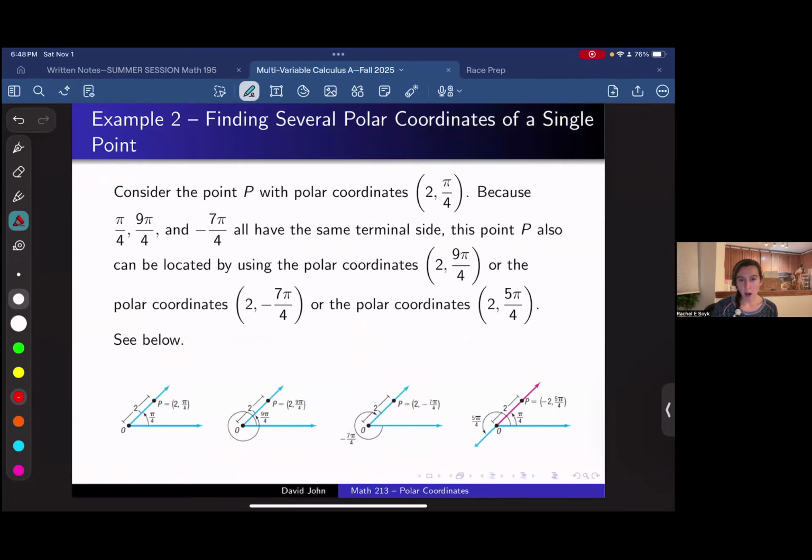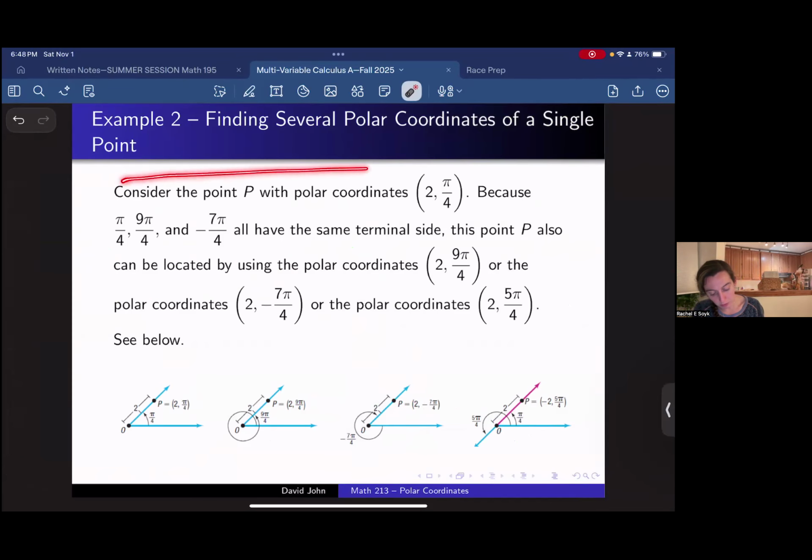So this is our example 2. It's all written out for us. We have, consider the point P with polar coordinates 2 comma pi over 4 because, oh wow, I used that same exact coterminal angle earlier when I was verbally talking to you guys.